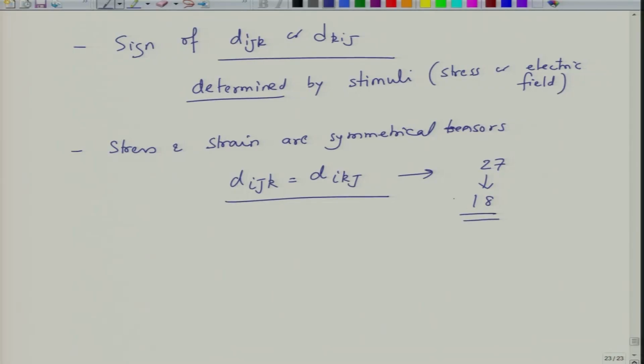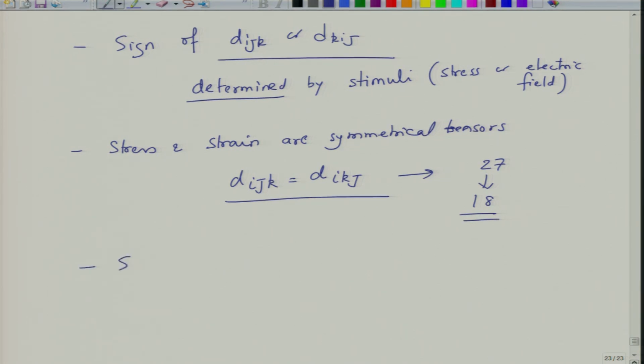So, for a rank 3 tensor you will have 27 components. So, 27 reduces to 18 when you apply the argument that stress and strain tensors are symmetric, and these can further be reduced to even lower numbers when you apply thermodynamic and crystal symmetry arguments. So, in general, the number is much lower.